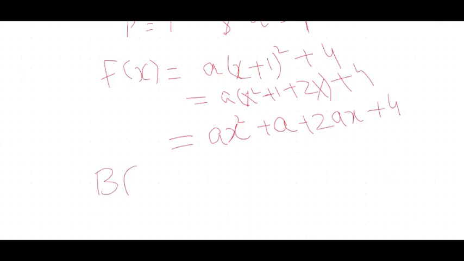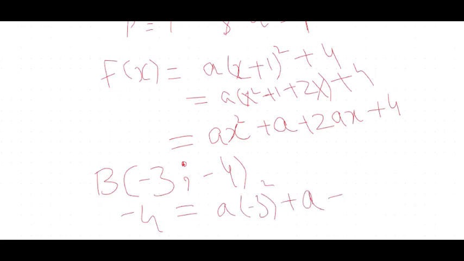The function value is equal to minus 4. So a into the value of x, I'm putting over here, minus 3 square plus a plus 2a into minus 3 plus 4.